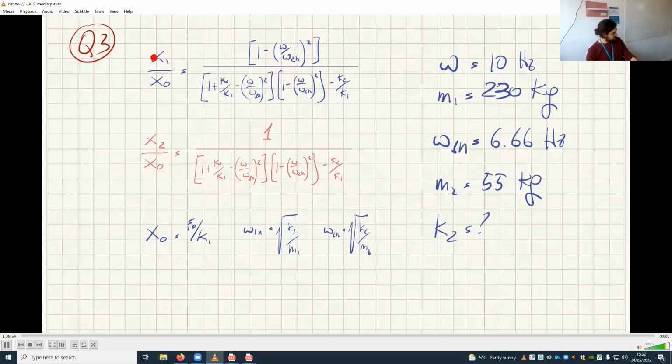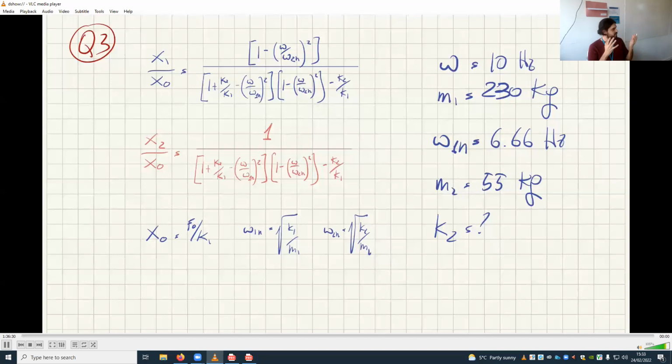What is the condition for which this becomes 0? How do I make this thing 0? It's a fraction. When is a fraction equal to 0? There's only one condition. The numerator must be 0. The denominator cannot be 0 because if it becomes 0, it shoots up to infinity.